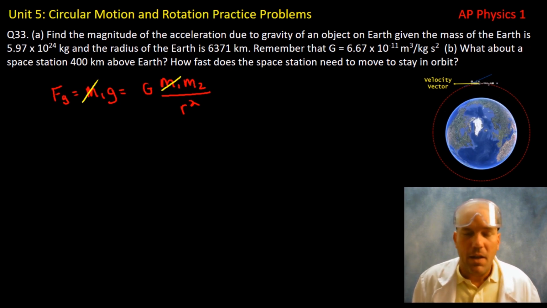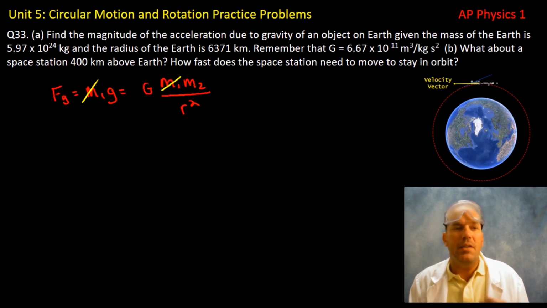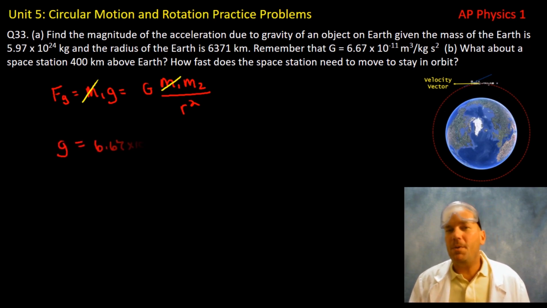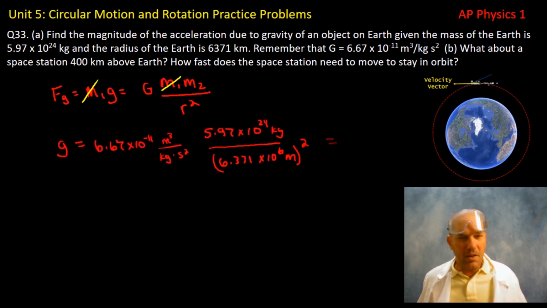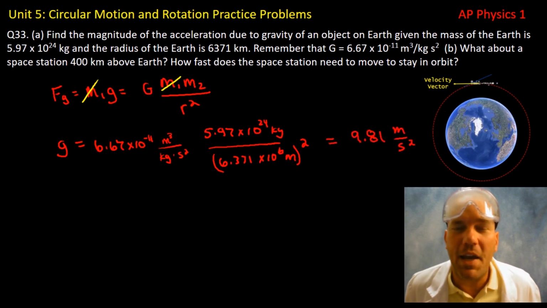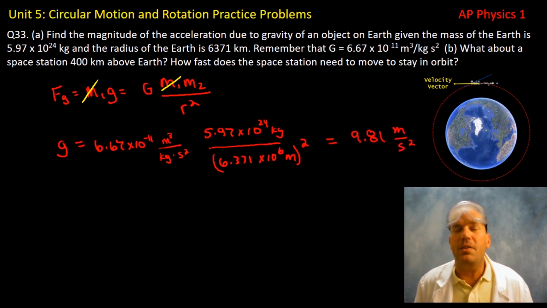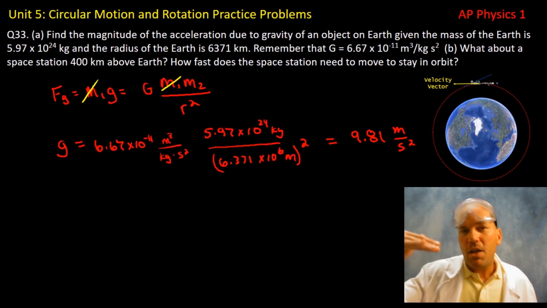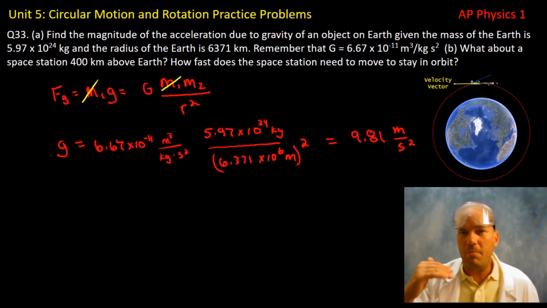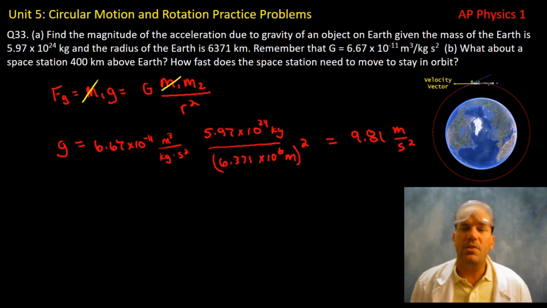All right. And next, we're going to simplify this and plug in our values, and lo and behold, we get 9.81 meters per second squared, or 9.81 newtons per kilogram would be the gravitational field. All right, so we've shown that.